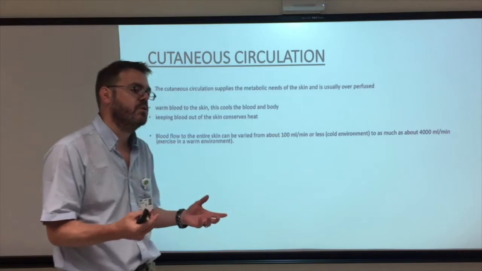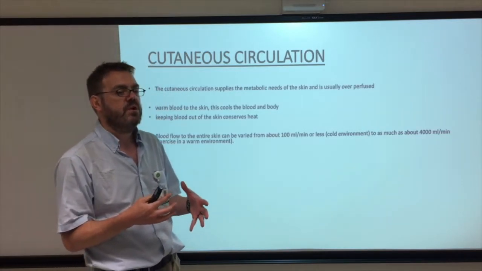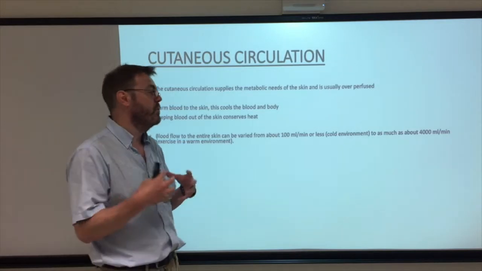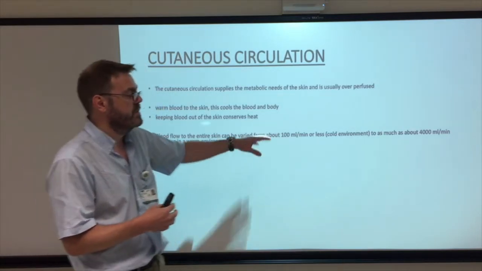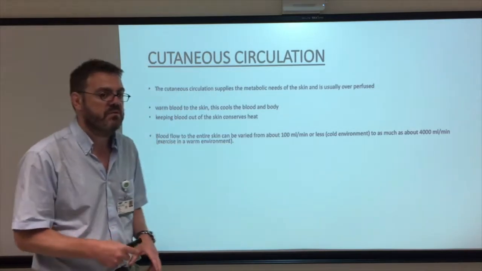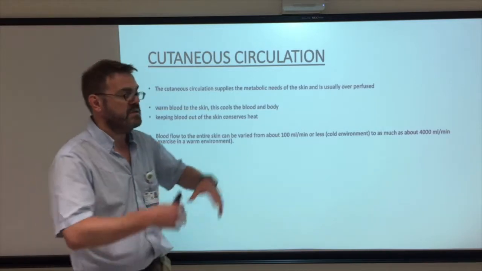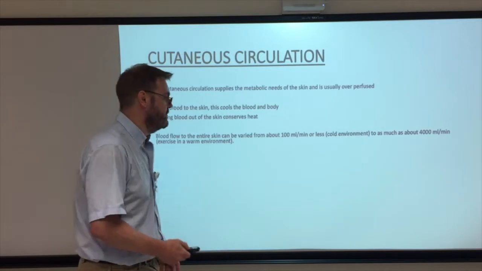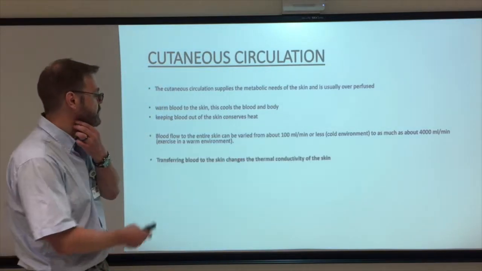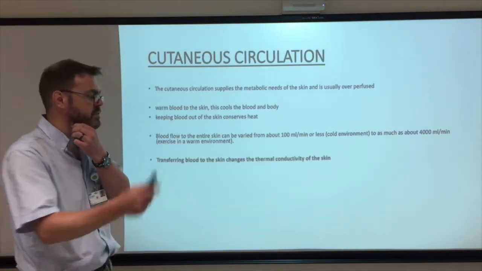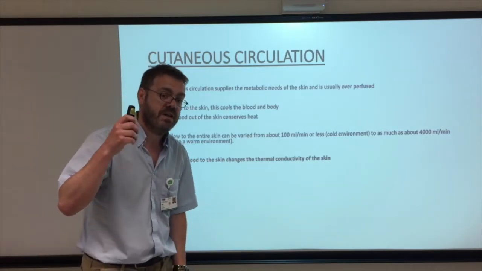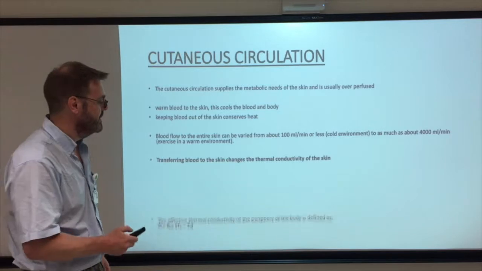It might be slightly cold, so you'll only pull a bit of blood away, or it might be really cold and you pull it all away and you have about 100 mils per minute in your periphery. Or it could be really hot and all the blood will be flowing, you'll be all red and losing lots of heat. Transferring blood to the skin changes the thermal conductivity of skin. I've said it several times, and that's because it is worth repeating.